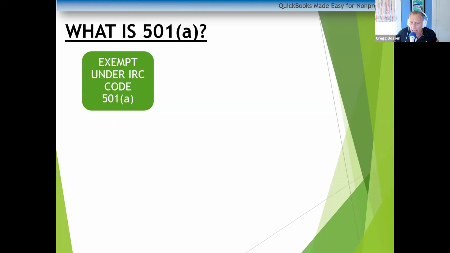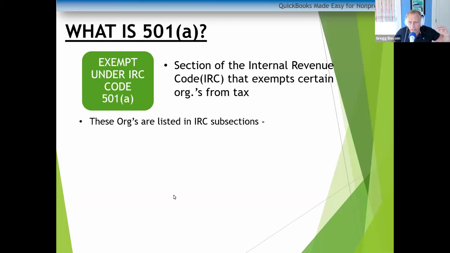Let's rock. Okay. So just to get a little more detailed here, there's this giant Internal Revenue Code Section 501(a) that says everybody in here is tax exempt. And actually, the subsections under 501(a) list the organizations that are tax exempt in each subsection.